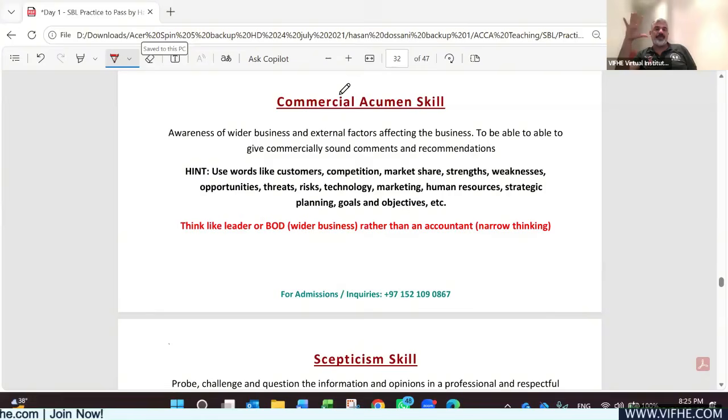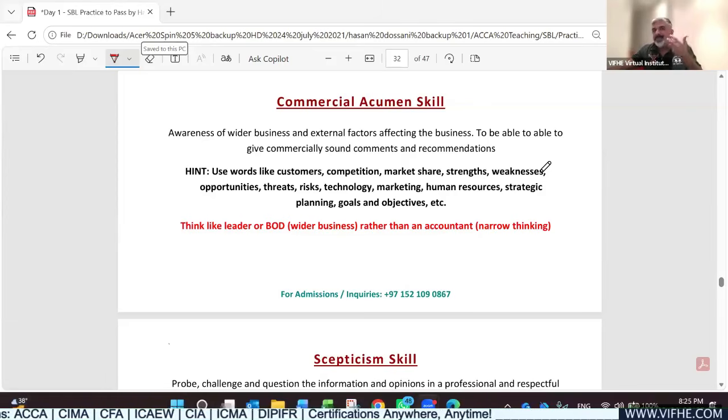Everybody now clear what is commercial acumen? You don't have to be a business expert, guys. Just basic common sense about what's happening around the company. That's it. Now, everybody has commercial acumen skill. Good.